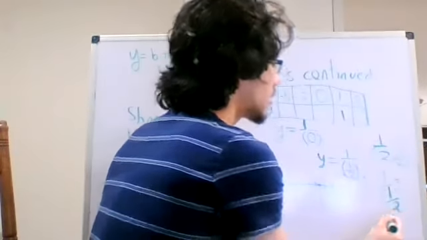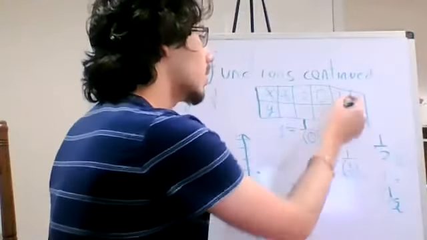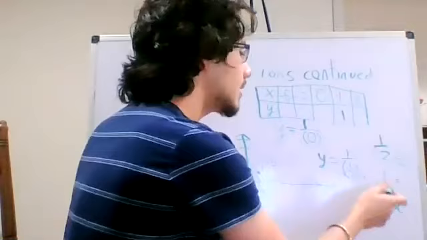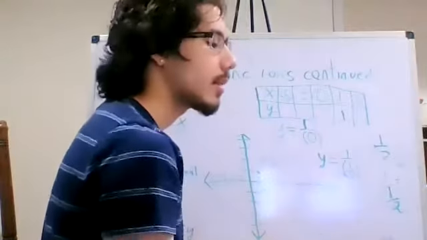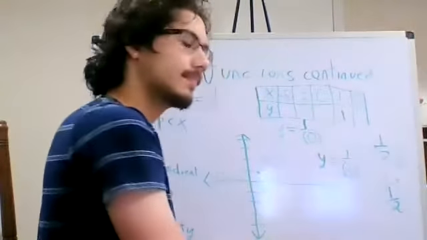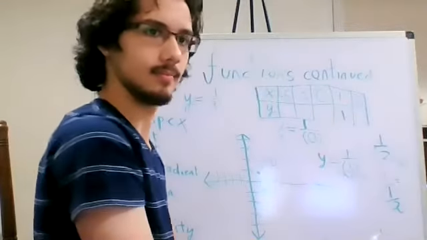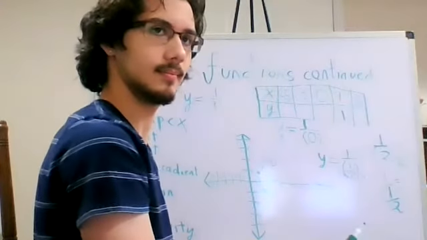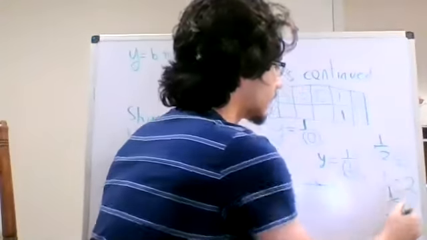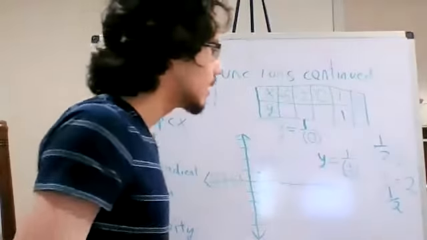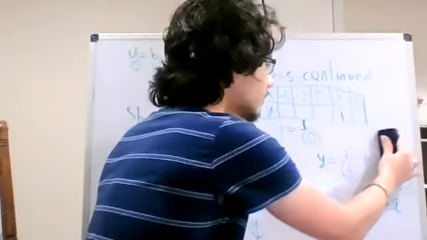Exactly. So 1 over 1 was 1. If we divide the denominator by 2 again, you said we would double the number again. So what is 1 doubled? 2. Very good.